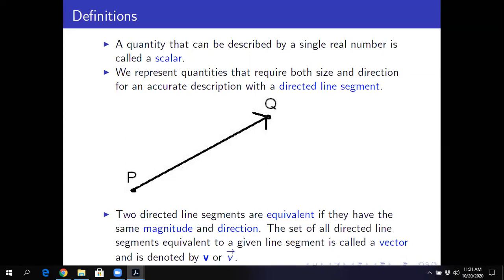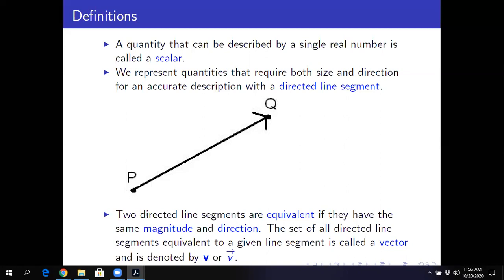But I can also talk about any individual directed line segment that belongs to that class of equivalent vectors. And there's some interesting notation. I have a hard time drawing a bold-faced V with my hand, you could do that in typeset, but most of the time when I write a vector, I want to put V with like a little arrow over it, okay?